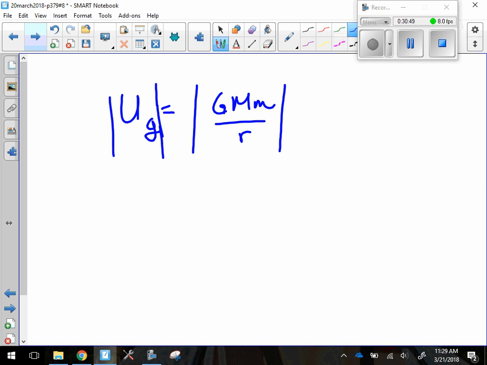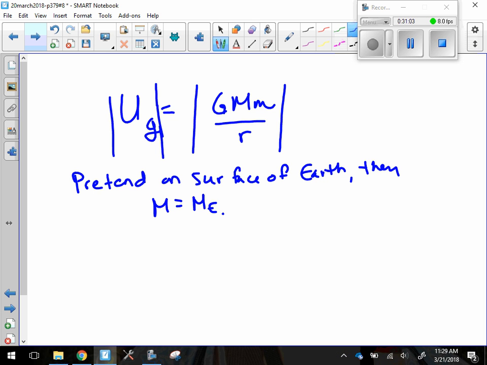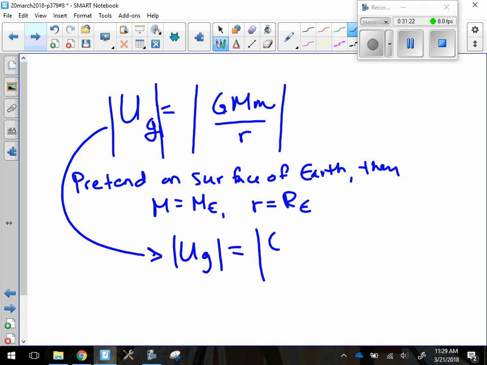And if we pretend, for instance, that we're on the surface of the Earth, then big M can be M Earth, and little r can be the radius of the Earth. So I can rewrite this as G M Earth over R Earth times little m.